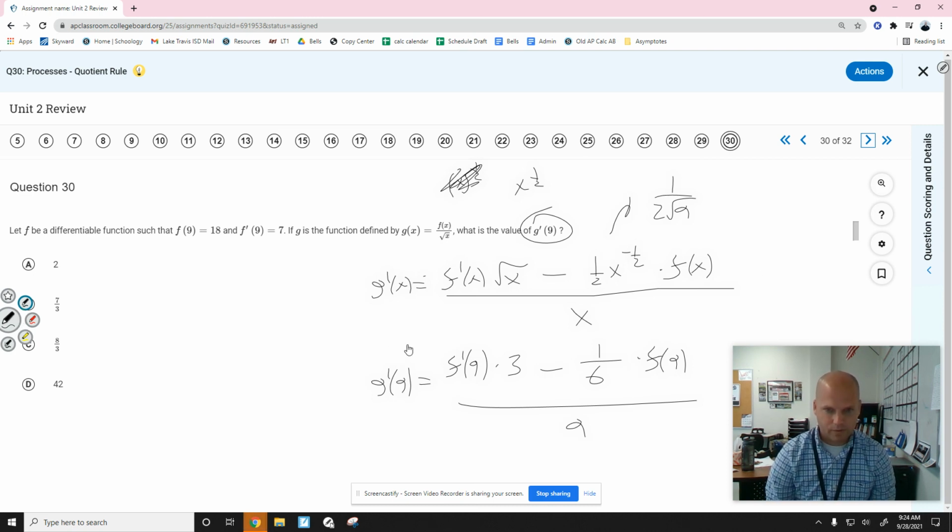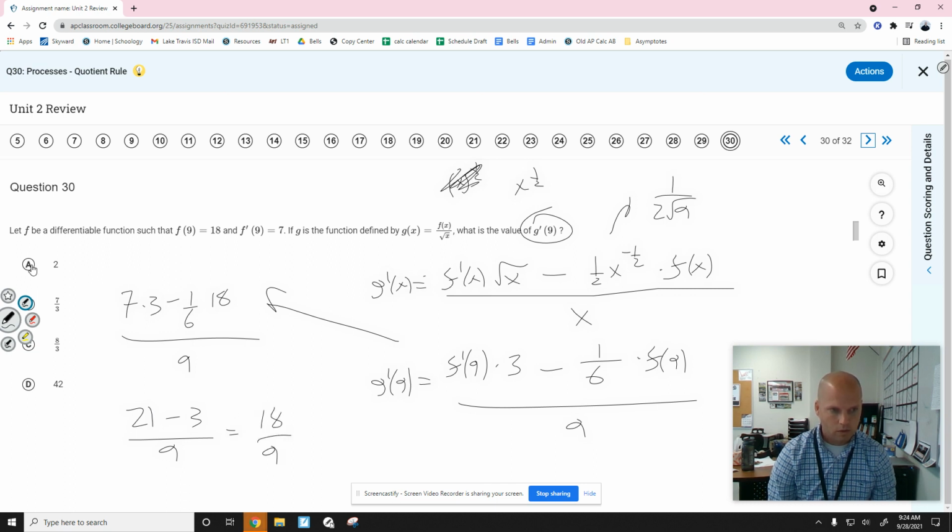F prime of 9 is 7, so I got 7 times 3 minus 1/6. F of 9 is 18. Thank you. 18 times 1/6 is just 3. I don't have a fraction inside of a fraction. Over 9. So I get 21 minus 3 over 9. So 21, 20, 19, 18 over 9. 2! Isn't that great? Such a simple answer from such a crazy problem.